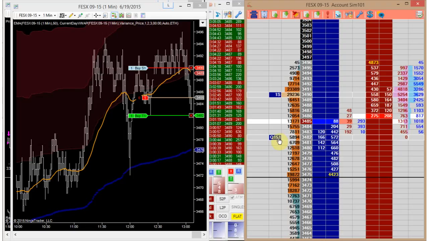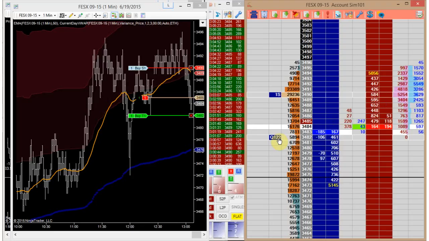So you would have seen that 88, 89 level on your split profile. Split profile is right there on the right hand side. You have a red column and a blue column, and it gives you the split of the contracts that have traded at the bid and at the offer.